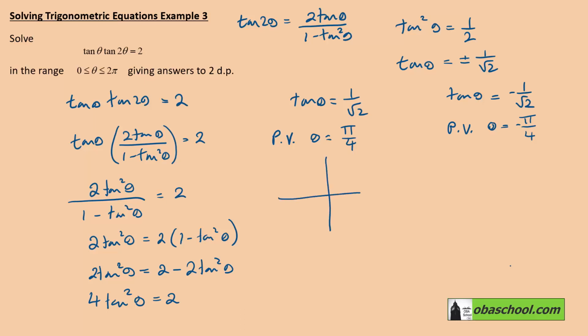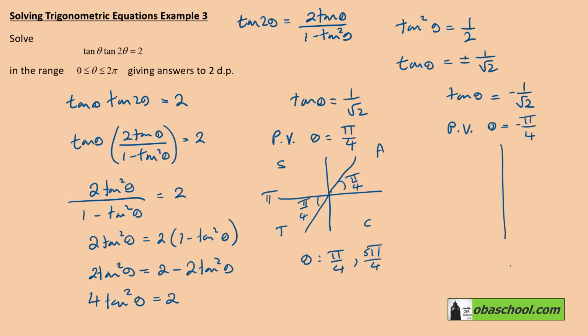So if we go to our CAST diagram, and remember over here we had a tangent which was positive, we're going to have pi by 4 and pi by 4. Remember, this is pi, which is 4 pi by 4. So that's going to give me pi by 4 and 5 pi by 4.